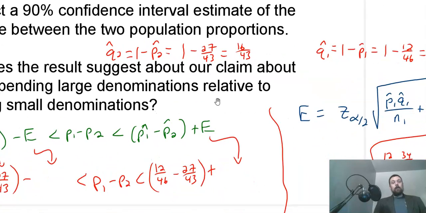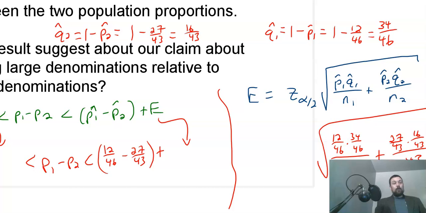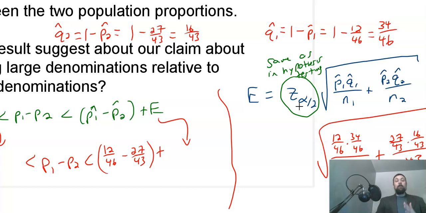The rule is that the critical value you get here should be the same as in the hypothesis testing. So you have to choose your alpha so that the critical value comes out the same for the confidence interval as it did for the hypothesis testing.